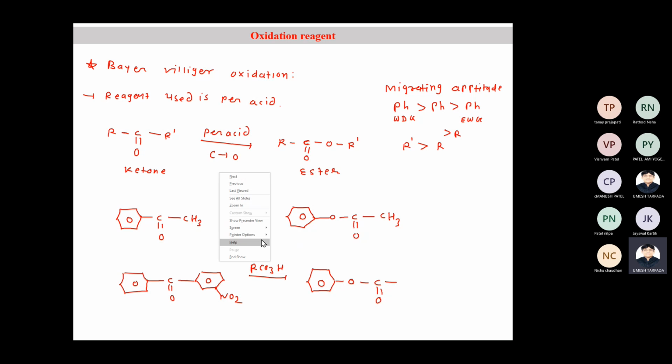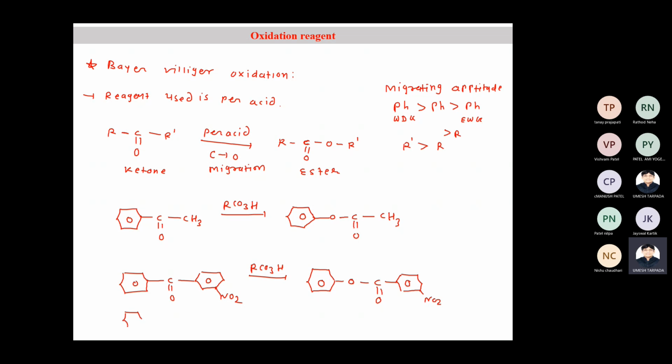If you look at its mechanism, then you can easily understand it. The NO2 group is electron withdrawing, so it makes this ring electron deficient.